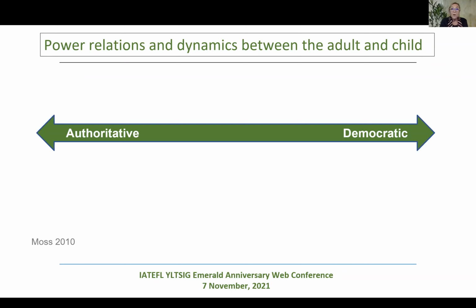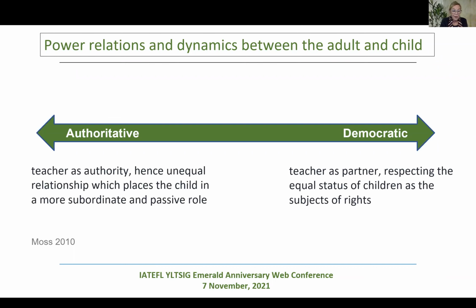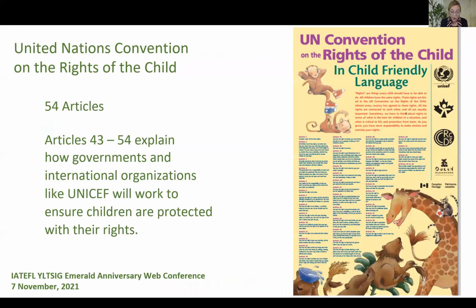So what I would like to do now is to give some concrete examples of how children's rights have been implemented in English language classrooms around the world, and where certain articles from the United Nations Convention on the Rights of the Child have been applied.